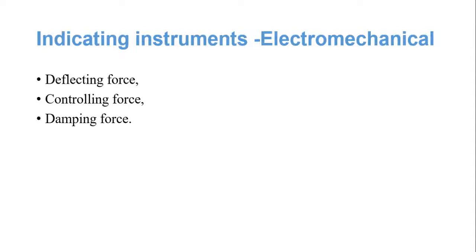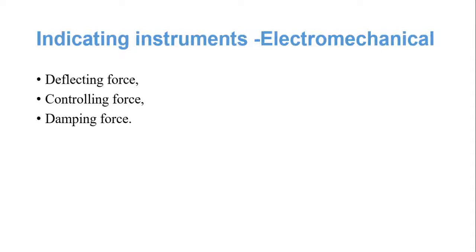The second is known as the controlling force or controlling torque. The action of this torque or force is opposite to the deflecting torque or force. For example, in that video, if we need to measure 25 volt, then the torque has to be controlled in such a way that at 25 volt the pointer should stop.